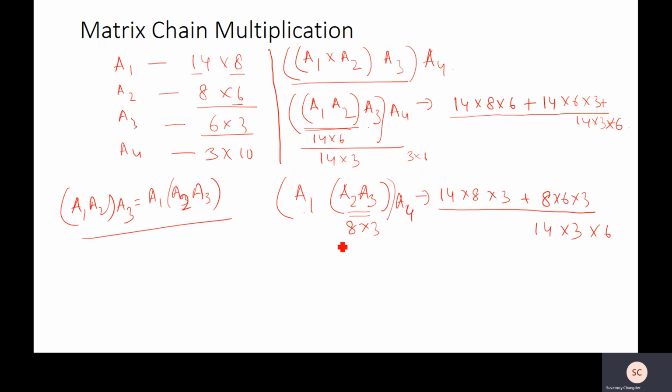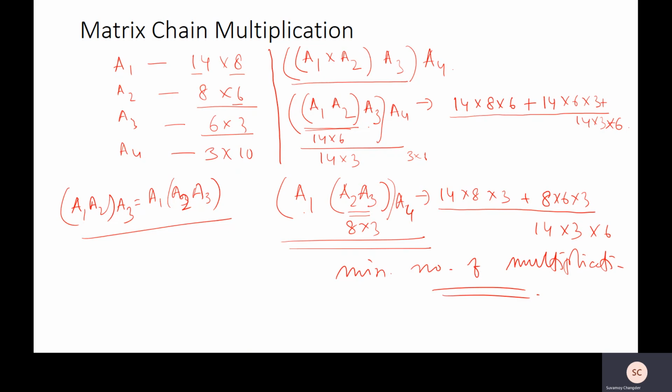So can we say that the second method is giving us the minimum number of multiplications? So it is not always that if we go for multiplying A1, A2, A3 and A4 recursively, then we will get the optimum solution.